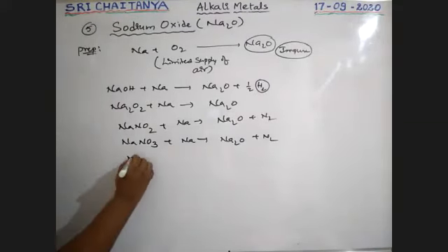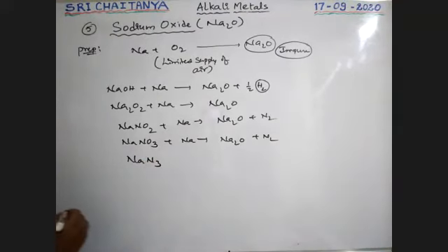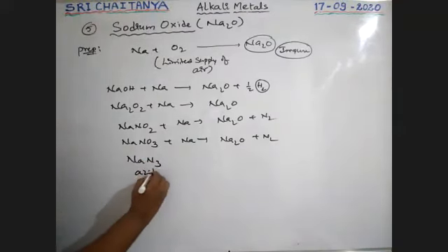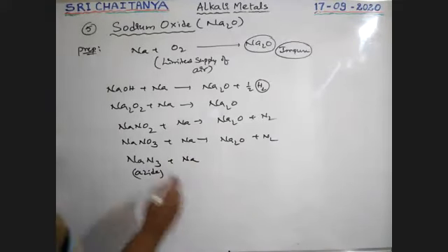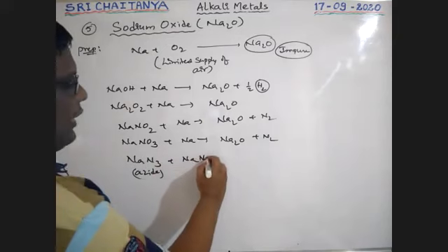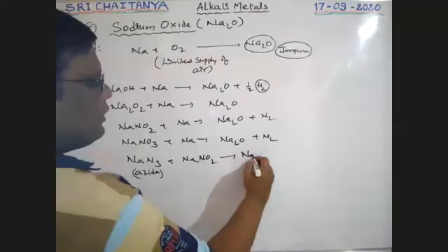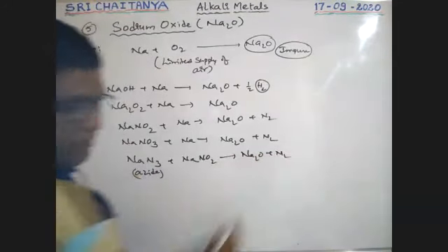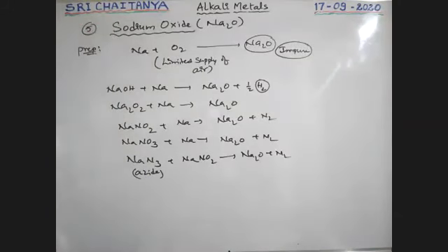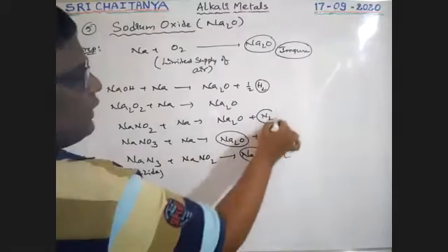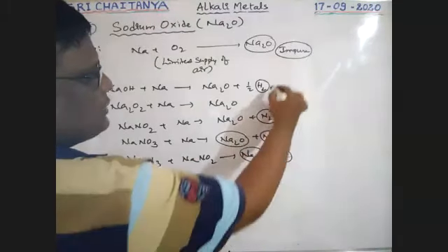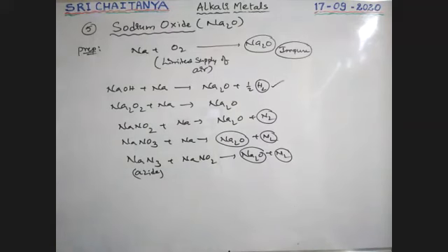And azide also, NaN3. It is azide. And azide also reacts with sodium metal. Sorry, not sodium metal, it is NaNO2. That gives Na2O plus N2. So in all these cases, sodium oxide is the final product. See here, nitrogen gas, but here hydrogen gas is released. These are the preparation methods of sodium oxide.